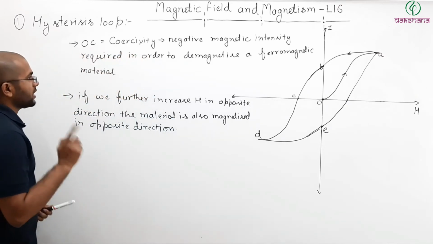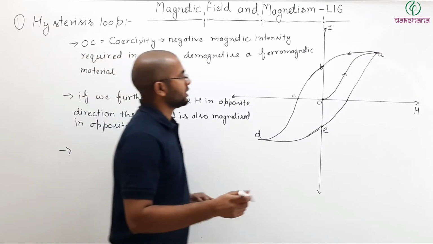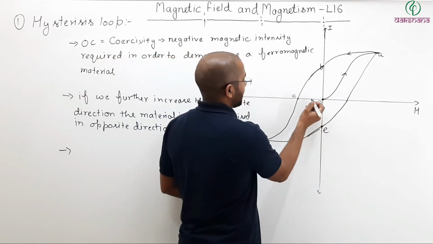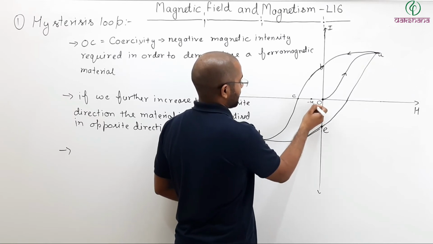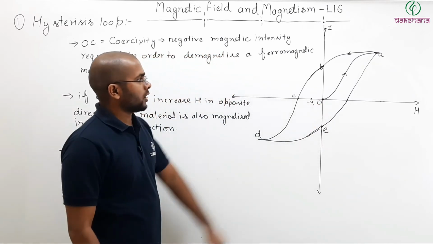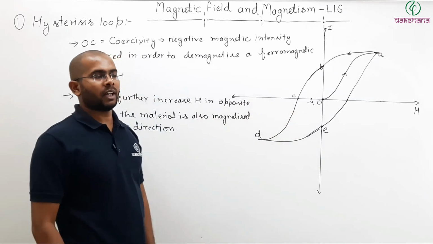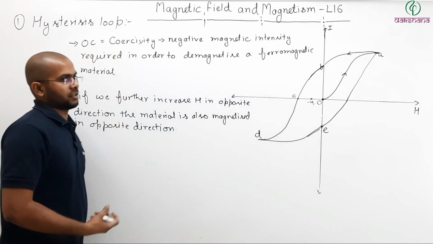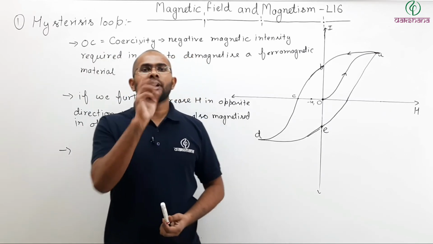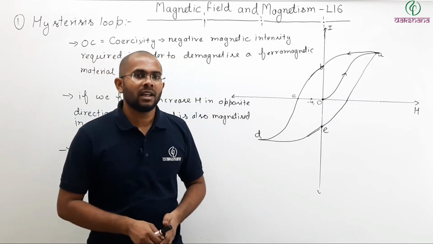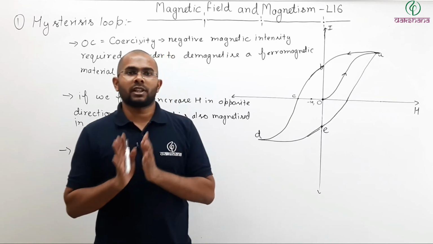Now there is one very interesting point here. Let us say that I take this value of H, this is minus H1. For this value of H, if I want to know the magnetization: in case of a paramagnetic material, for one value of magnetic intensity, magnetization is one only.